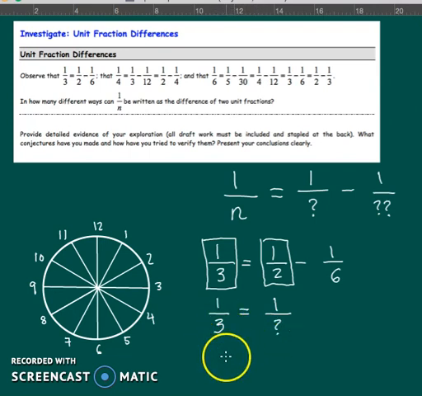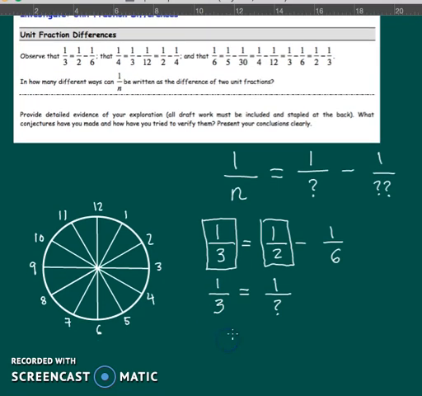So for whatever unit fraction we're looking at, say it's 1 over n, the first number that we're going to be subtracting from is going to be 1 over something that is smaller than n.